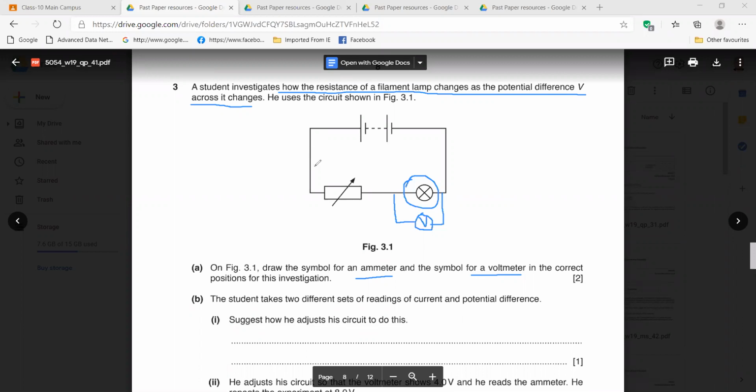You can draw it here, here, here. Anywhere you can draw the ammeter. Normally we do it here so that we can understand that everywhere the current is the same.